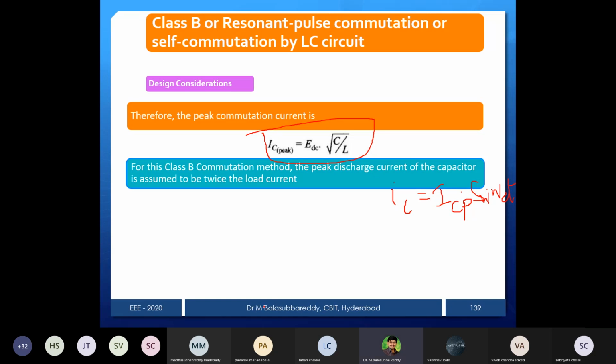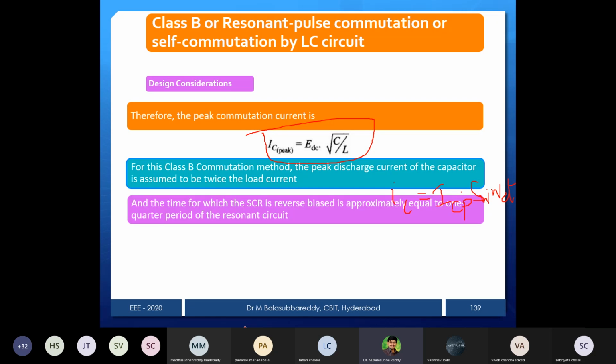The peak discharge current of the capacitor is assumed to be twice that of the load current. Just for complete commutation, we make use of that assumption. So the peak capacitor current must be twice that of the load current, and then the SCR is reverse biased for approximately one quarter of the period.